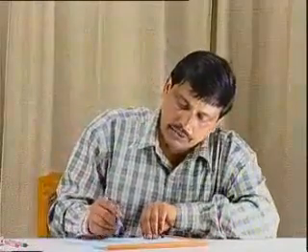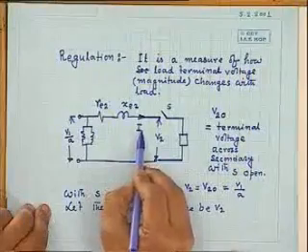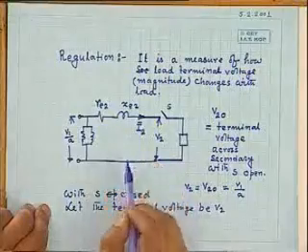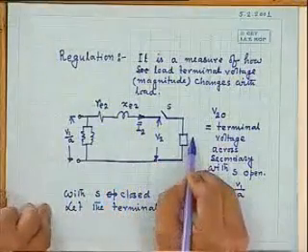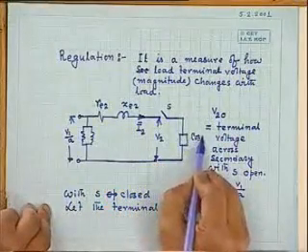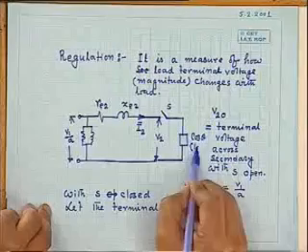Now, we want to derive an expression for this. For that, what we will do is draw the phasor diagram when the switch is closed. When the switch is closed, this current is I2. Suppose the power factor of the load is cosine theta and it is lagging in nature.